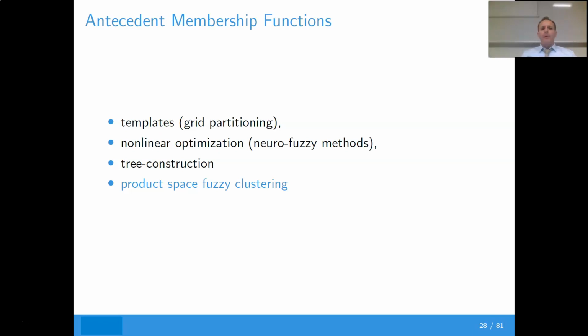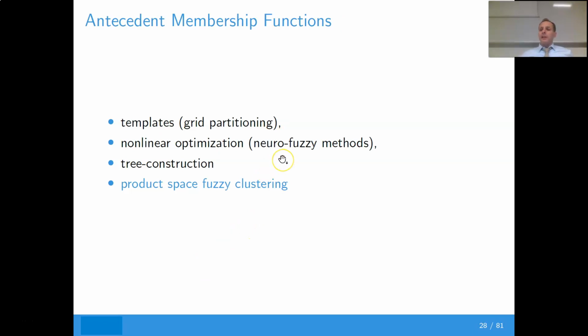For example, you can perform a grid partitioning: assuming a specific form for your membership function, you use a trial and error procedure, partitioning into a grid of different membership functions.